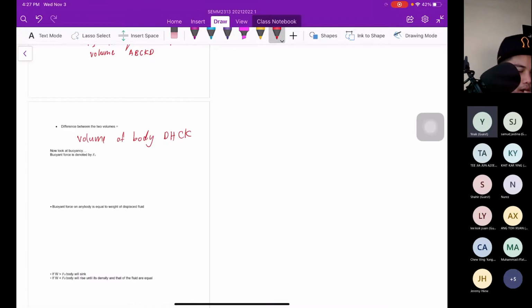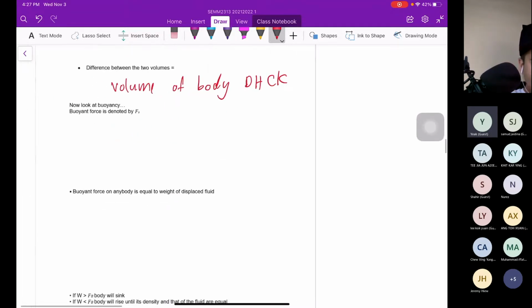Now look at the buoyancy. The buoyancy is denoted by FB. FB must act in the vertical direction. So FB is basically equal to Fz prime minus Fz.